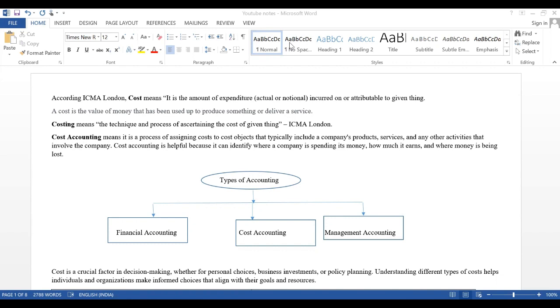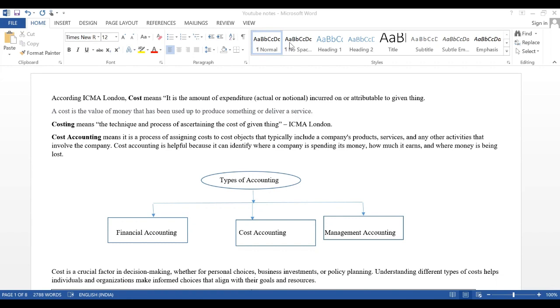Financial accounting is where you maintain your day-to-day transactions. How much you have made in sales, how much raw material you purchased, what's the stock, what is the debtor amount, creditor amount, preparing the ledgers, preparing the trial balance. All these come under financial accounting.